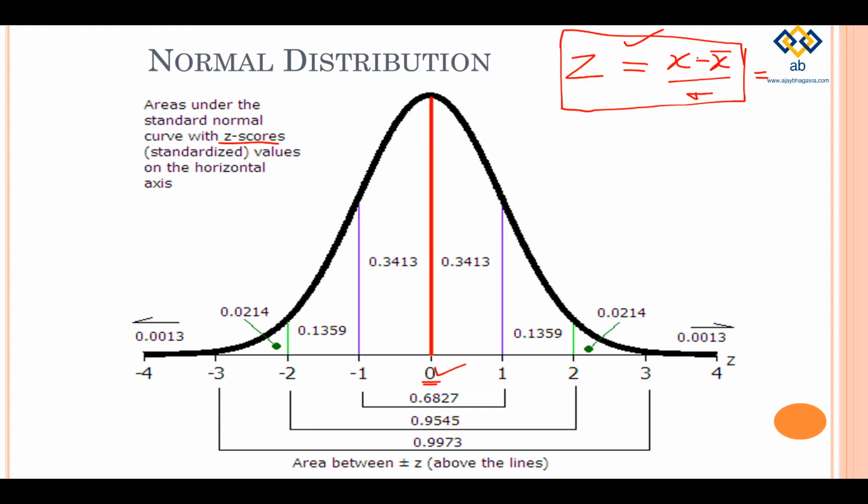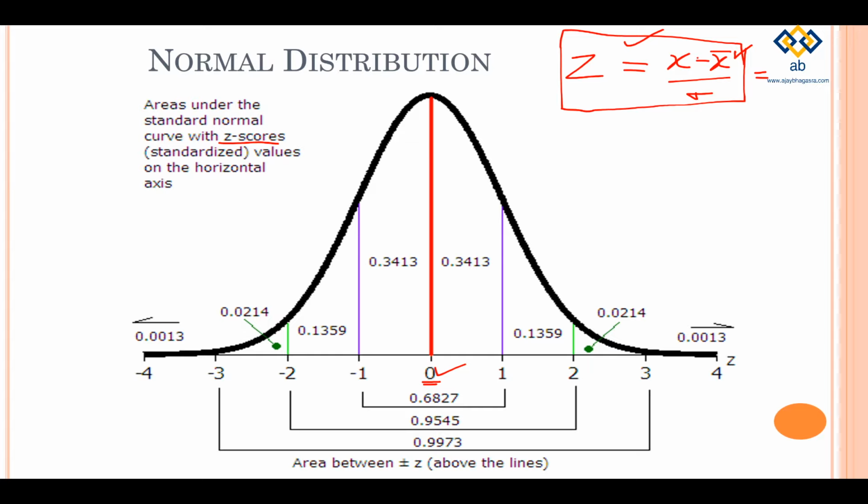X bar is the mean. This is the observation. Because the central value in a normal distribution is the mean value. That is what I was telling you on the previous slide. If it is the mean, so what is Z doing? This is a frequency distribution only, so frequency would mean it is going to be an observation.